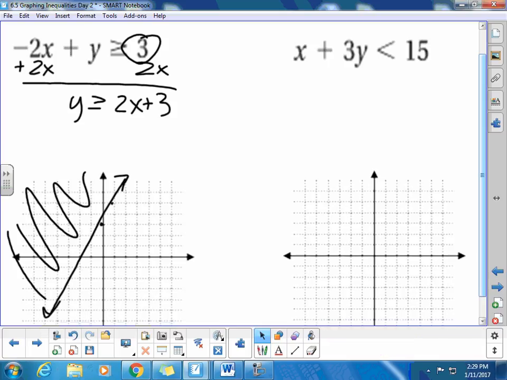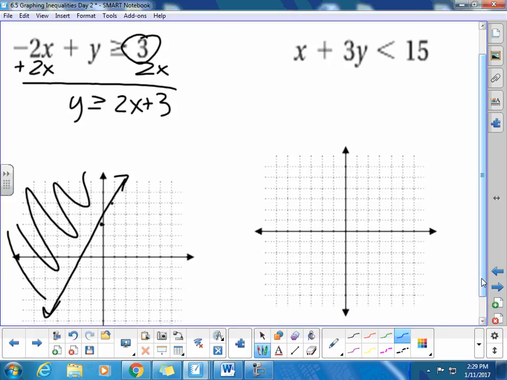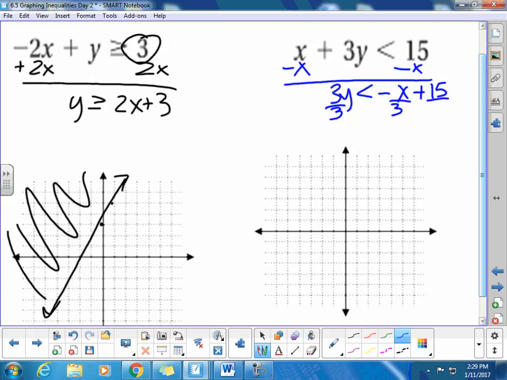All right, next one. Again, I have to solve and get y by itself. So I subtract the x to the other side. I get 3y is less than negative x plus 15. To get y by itself, I have to divide by 3. And you get y is less than negative 1/3 x plus 5.